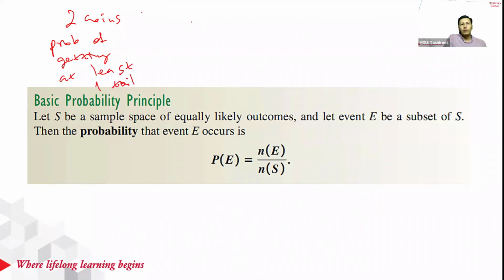If you toss 2 coins, you may get head-head, head-tail, tail-head, or tail-tail. We have 4 possibilities.